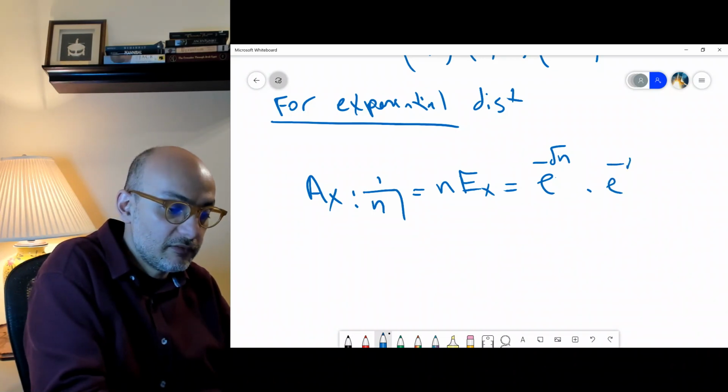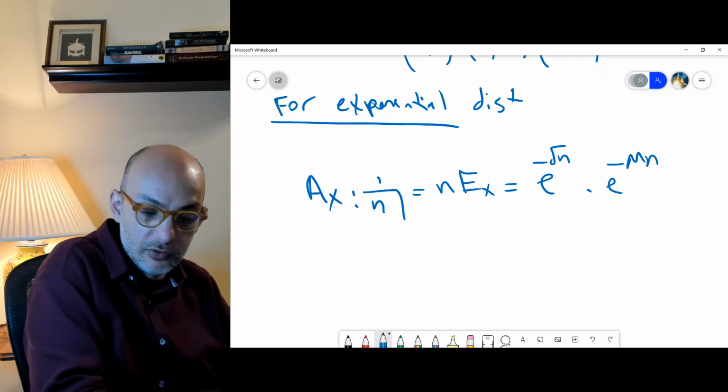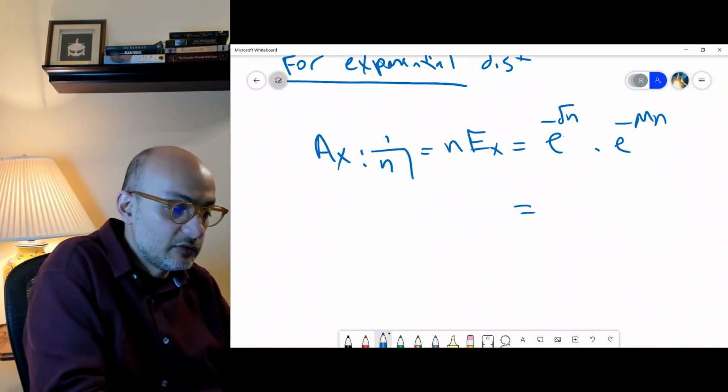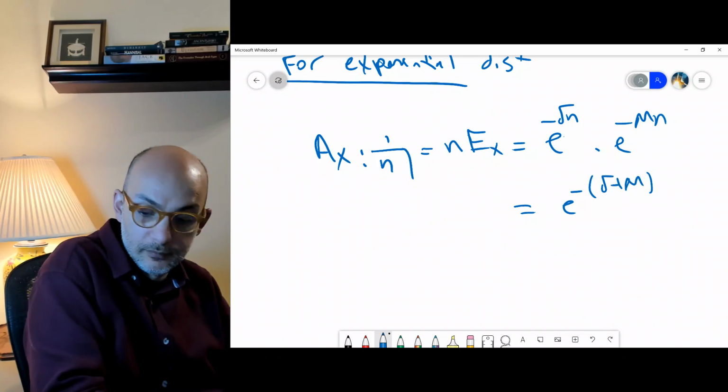The probability to survive in an exponential distribution will be this. So for the exponential distribution, it will be e to the minus lambda plus mu, times n.